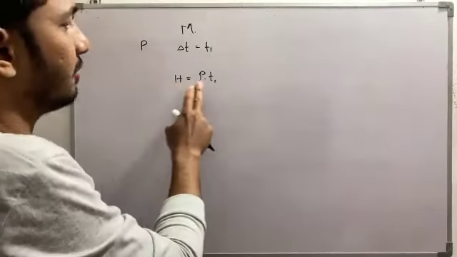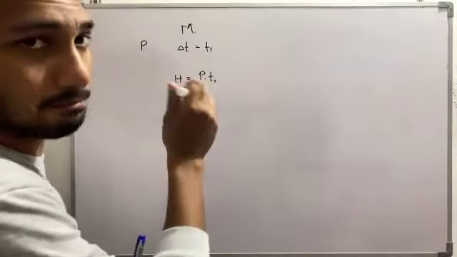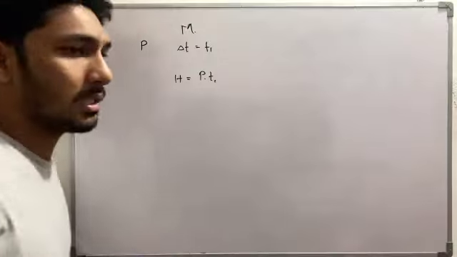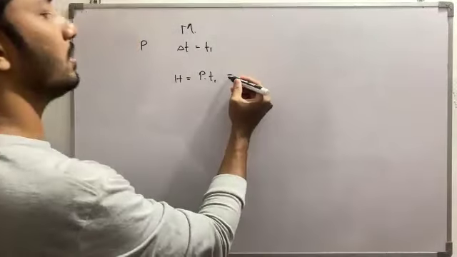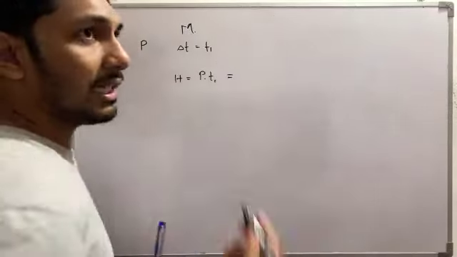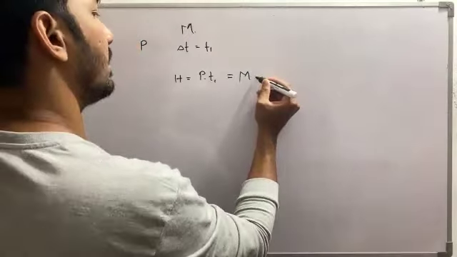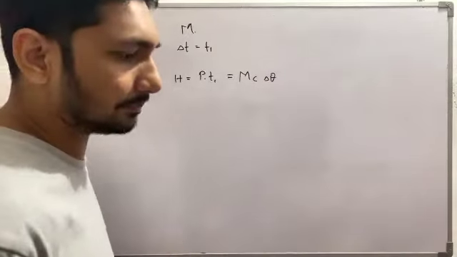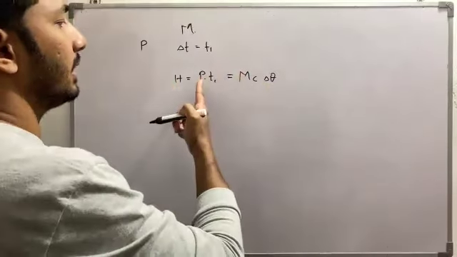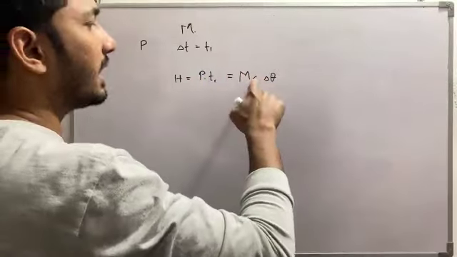The energy will be equal to power times time, because power is the energy per unit time. So this will be equal to the heat needed for the temperature difference, that is given as mc delta theta. Okay, they are telling for delta theta, it is taking this much time for this mass. So this is the equation for the heat needed.